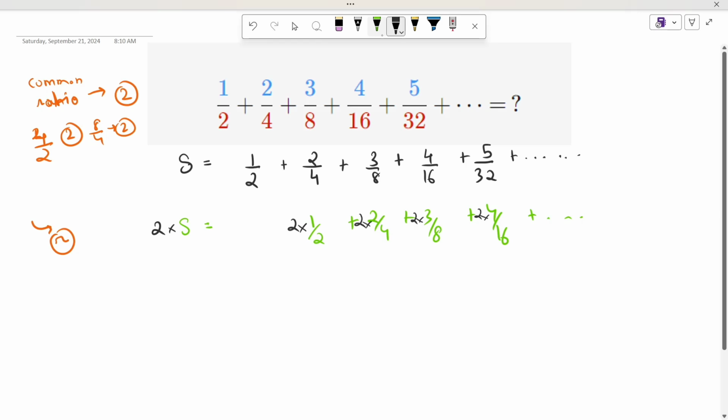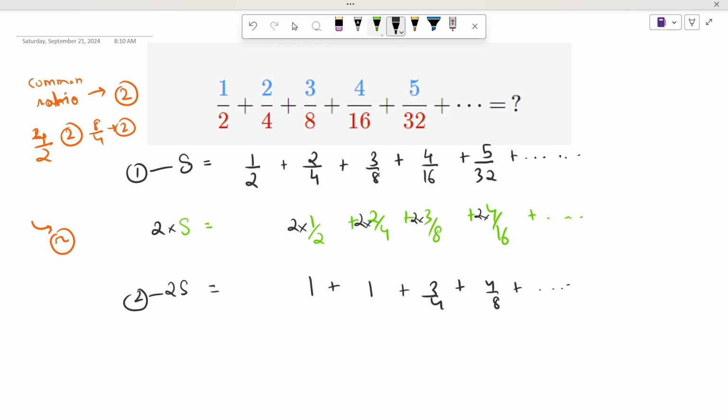So let's see what we get. This is 2s, and this is 1. This would be 1 again. This would be 3 by 4, and this would be 4 by 8, and then this series continues. If we subtract the first equation from the second equation, we'll get some terms, and then eventually we can solve this.